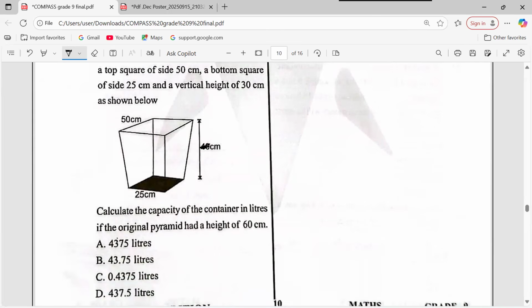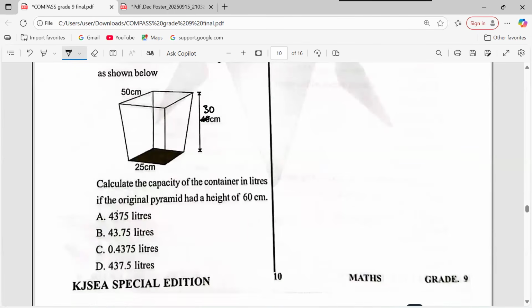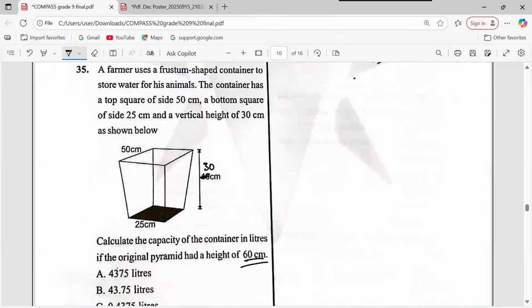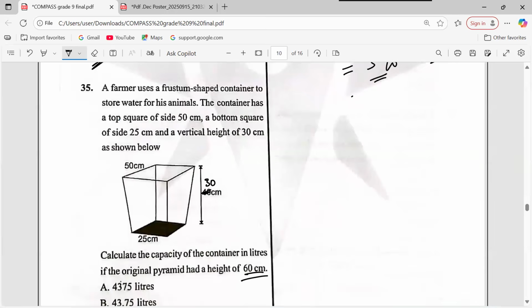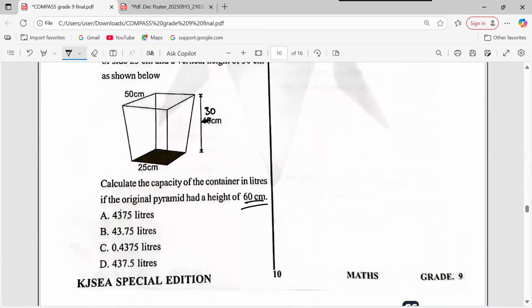This is 30 centimeters, it's communicated like that. Calculate the capacity of the container in liters if the original pyramid had 60 centimeters height. So when given such a question, we are supposed to know that a frustum is gotten from a pyramid. So this pyramid now has measurements which have been provided.